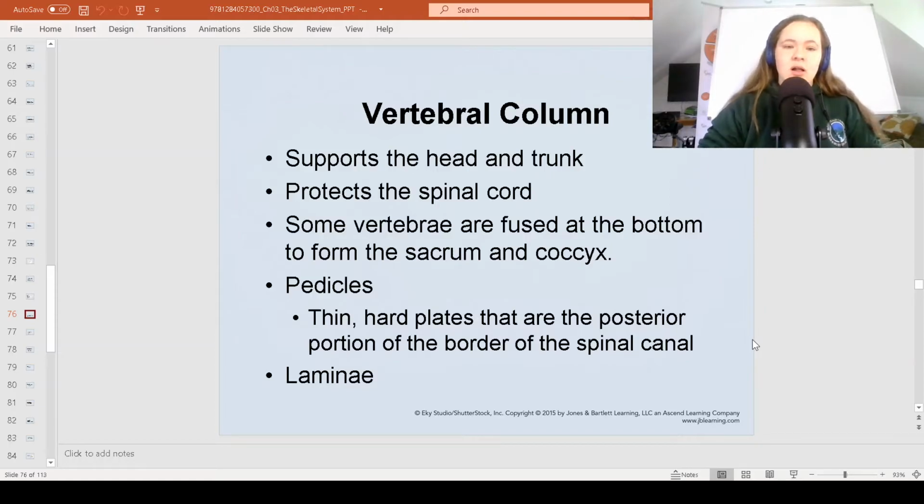For the vertebral column, this supports the head and the trunk, protects the spinal cord. Some vertebrae are fused at the bottom to form the sacrum and the coccyx or whatever.